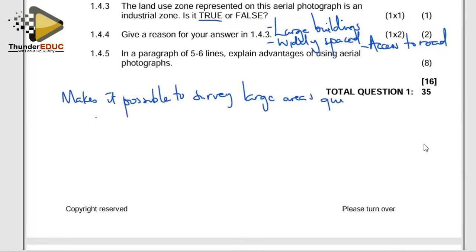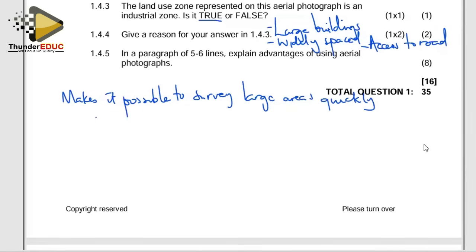One advantage is that with these aerial photographs, it makes it possible to survey large areas quickly.